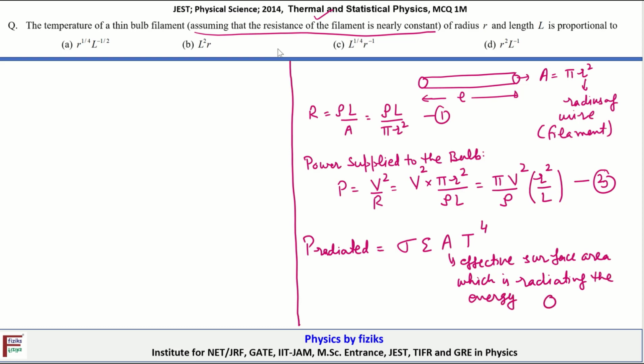In case of this cylindrical wire, the effective surface area will be 2 pi R into the length of this resistor. Therefore the power radiated, P radiated, is equal to sigma E and then 2 pi RL and then T power 4. Let's call this equation 4.